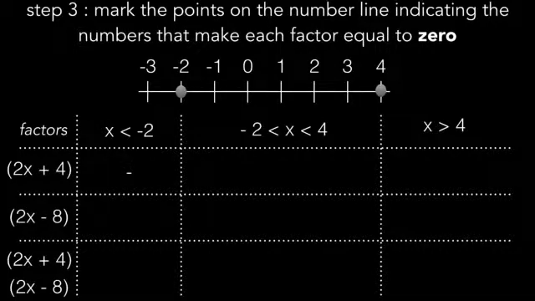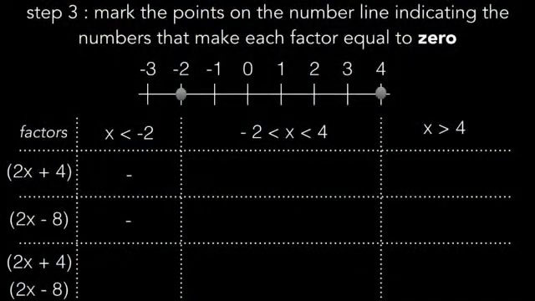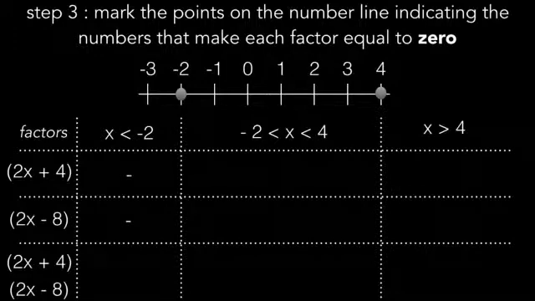Now, we must obtain the sign for the second row of the region x < -2. We must take any number less than -2 and substitute it into 2x - 8. Let us use -3 again. 2 times -3 minus 8 equals -14, which is a negative value and gives us a negative sign for the second row of that region.